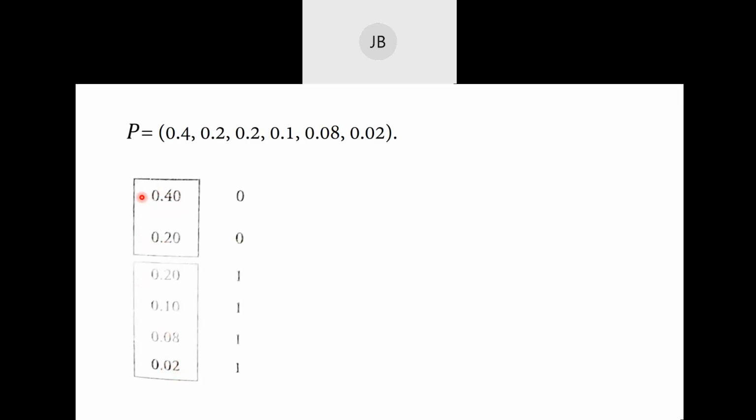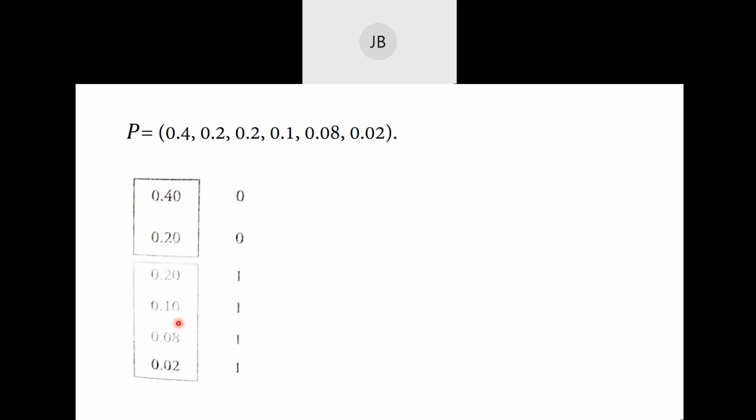For example, this may be A, B, and so on. So when you arrange their probability, the symbols also get arranged accordingly. That means the symbol and the probability should go together. But in this example, it appears like all the probabilities are already in the sorted order. Otherwise, we need to sort them.